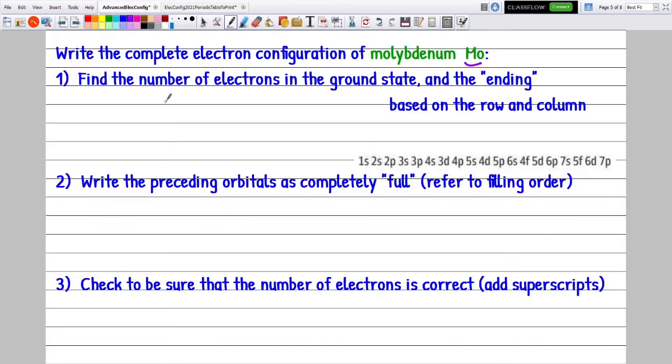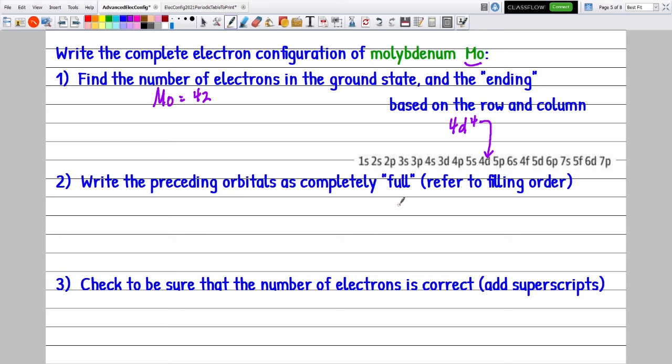So let's make sure we write that. Molybdenum, we have to account for 42 electrons, and it is in 4d4. That will be the ending of its electron configuration, and there it is.